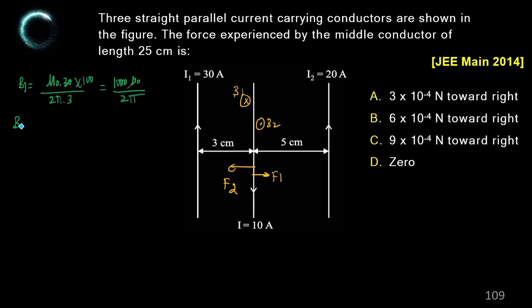B2 কত হচ্ছে? B2 is again mu naught into 20 by 2 pi into 5 into 100, তাহলে কত হচ্ছে? 400 mu naught by 2 pi। So net is B1 minus B2.